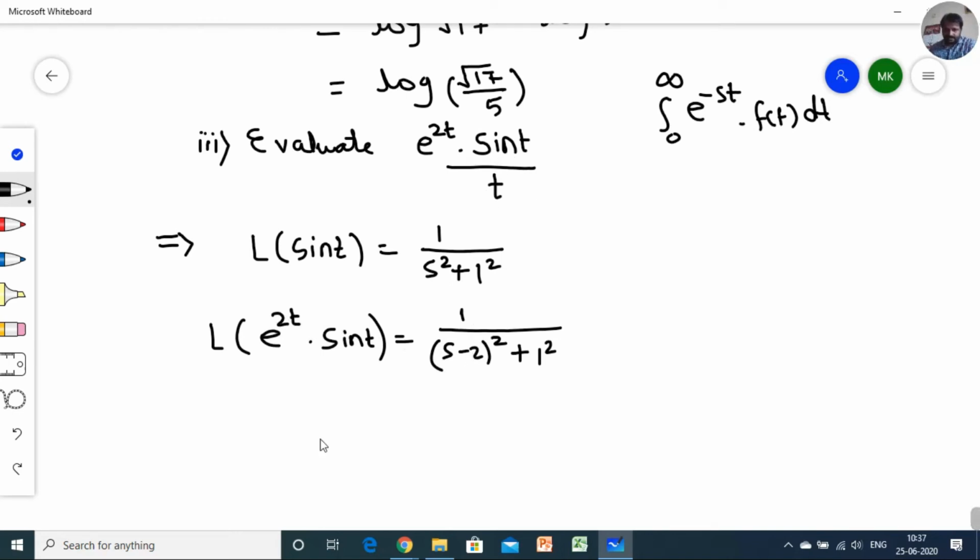Now next one is division by t, so we have to apply Laplace of e raised to 2t into sine of t, division by t.